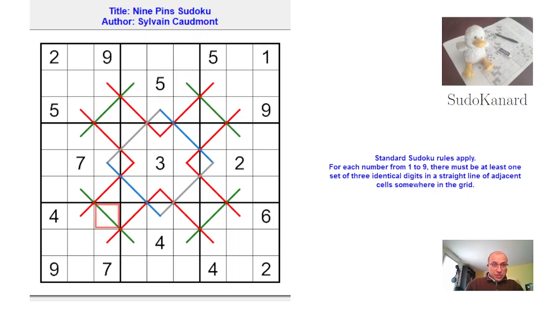Well, the first thing I'm noticing is that by just the plain rules of Sudoku, I can place a 7 here, which is certainly good news. There has to be a 2 in one of 2 places here. And 2 could be a repeated digit along this diagonal.